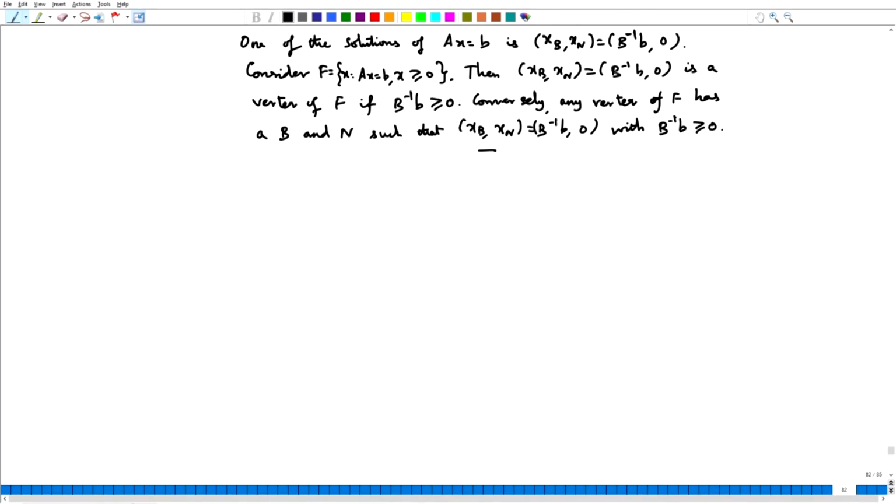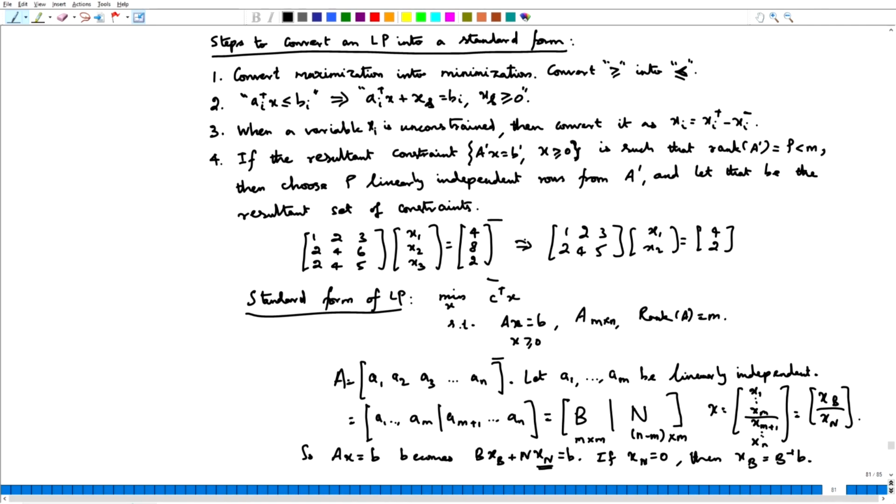So, this was what I was discussing. You can recall that B is a set of m linearly independent columns of A. Suppose the rank of A was less than m, then you need to choose linearly independent rows of A, and that will become the resultant set of constraints.